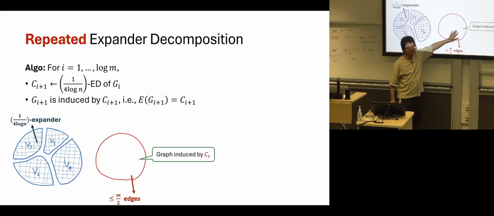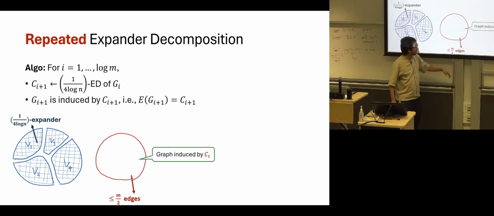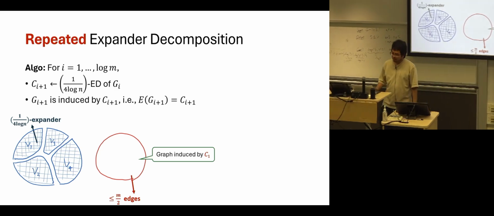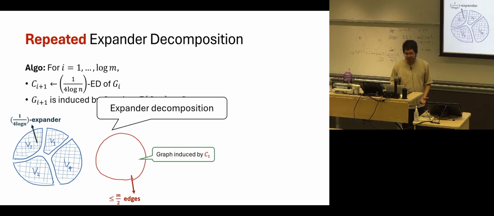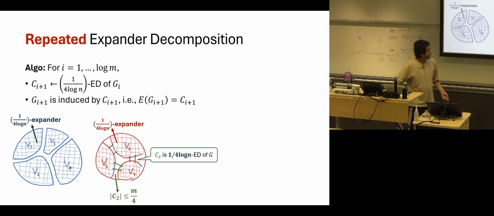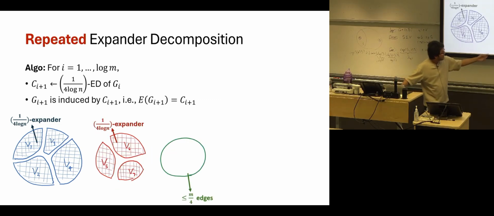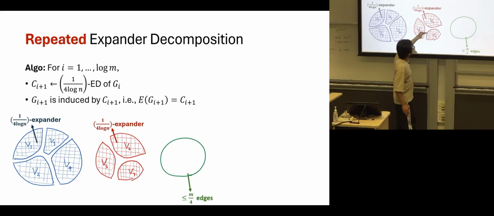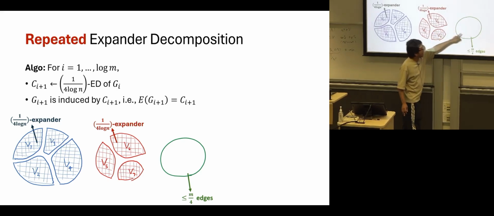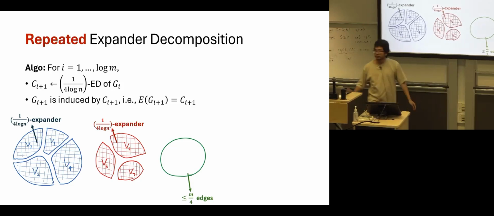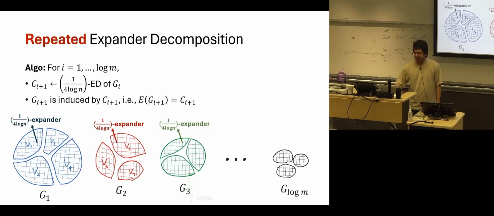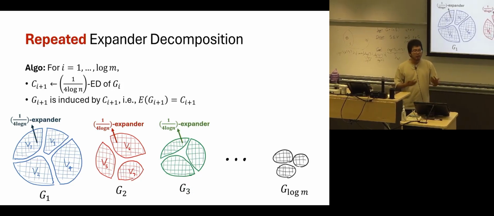This graph has at most m over 2 edges. Then I compute an expanded decomposition of this graph, and this is the graph induced by the intercluster edges of this. So then you go to the next one. This graph is half again, and you can proceed log m times.